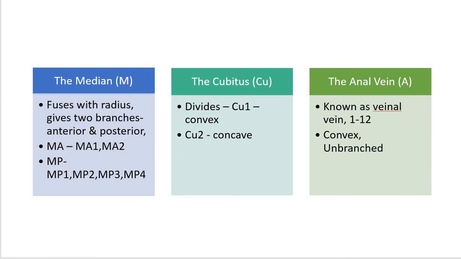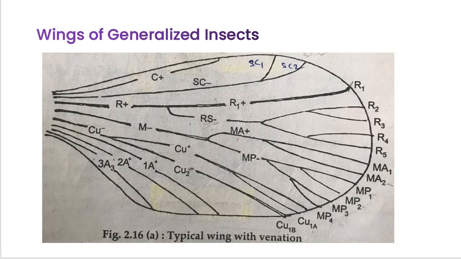The anterior media further divides into two convex branches, media anterior 1, that is MA1, and MA2. The posterior media, which is also known as the media sector, divides terminally into four branches: media posterior 1, you can see in the diagram also, media posterior 2, media posterior 3 and media posterior 4.